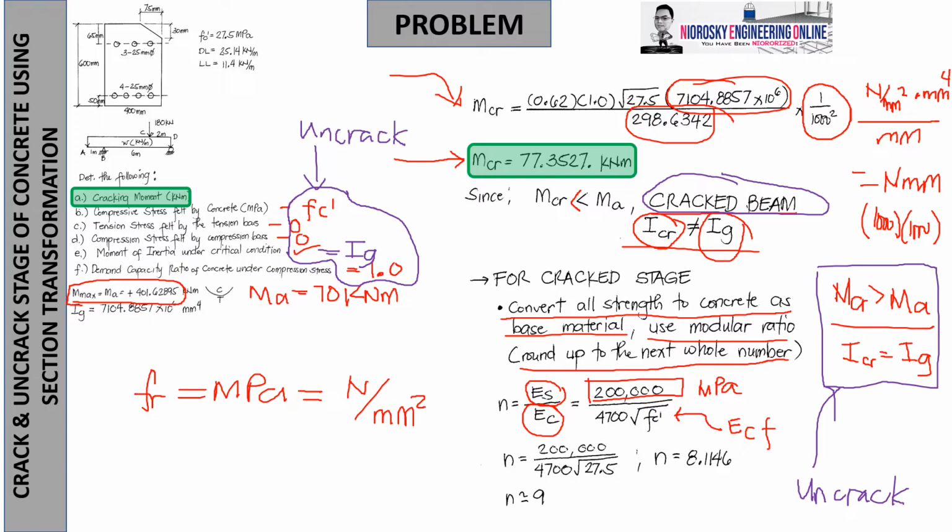For the meantime, let me present this to you, as it is very vital: E sub C is 4,700 square root of FC prime, where FC prime is always in terms of megapascal, and the product E sub C is also in megapascal if you use that formula. So you found out that the modular ratio N is 8.1146.